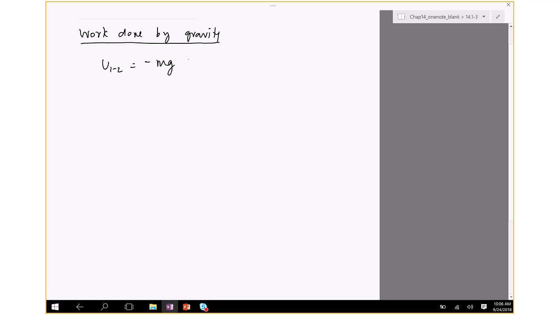Minus mg (y2 minus y1). So why is it negative? We know that mg is the force and y2 minus y1 is the displacement, final minus initial.